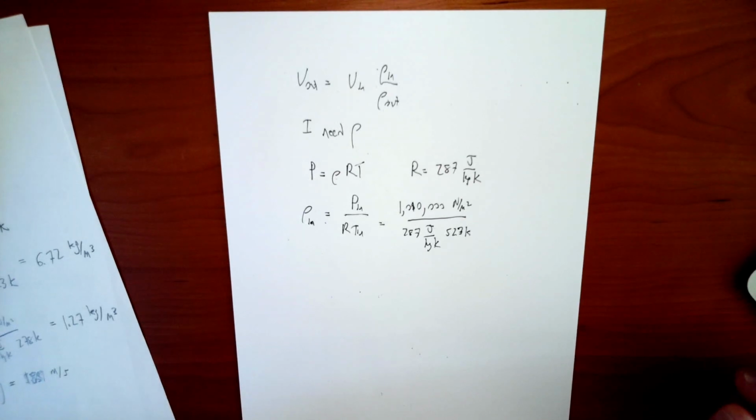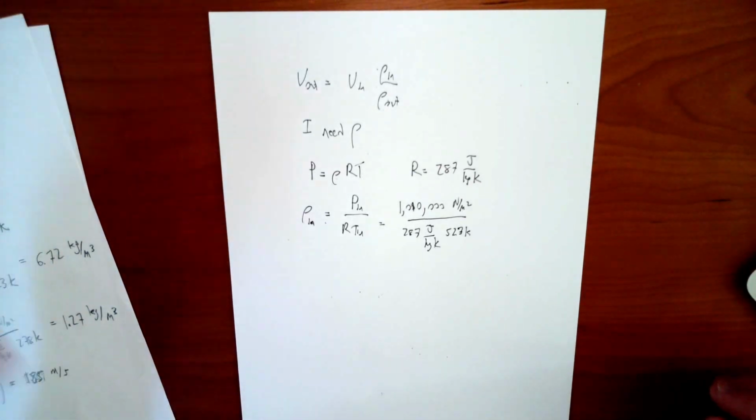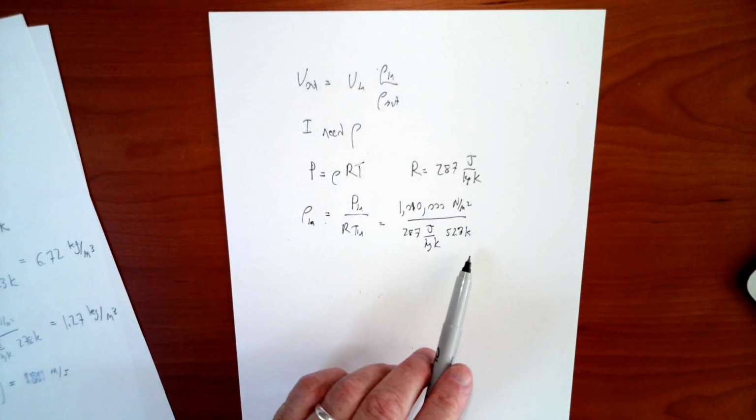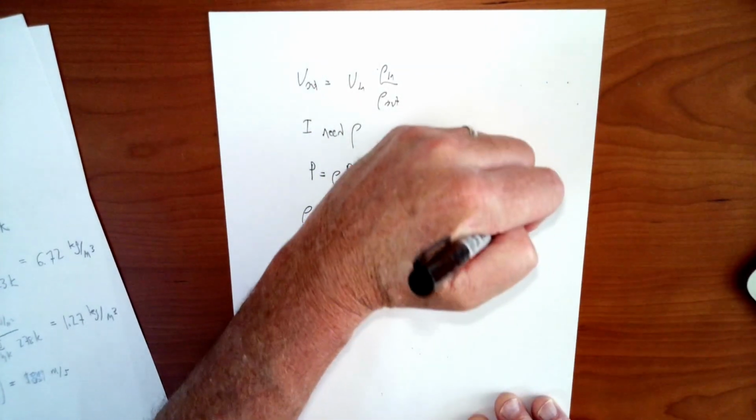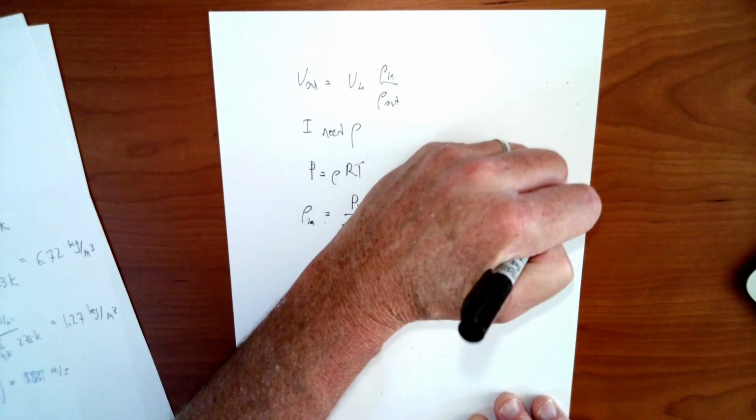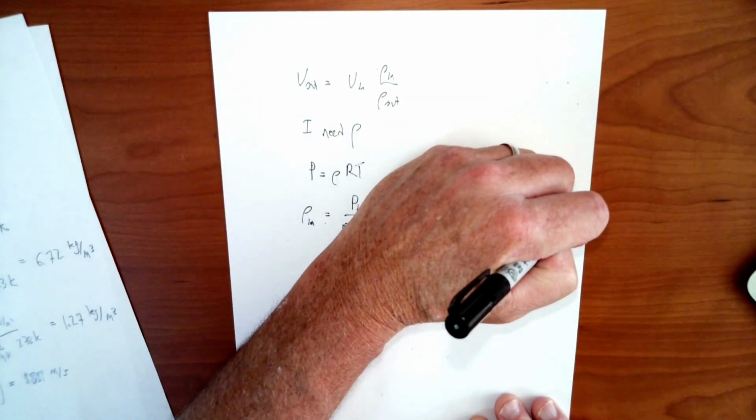Let's see, inlet temperature, yeah, 250 degrees. So that's my formula, and I turn the crank with my crappy calculator, and I get 6.72 kilograms per meter cubed. And I believe that.